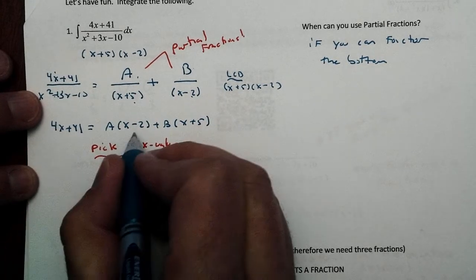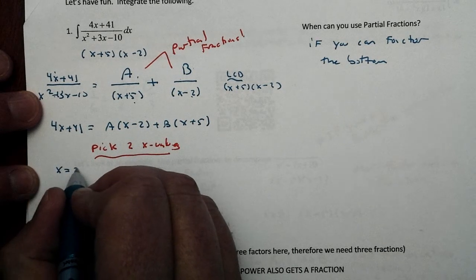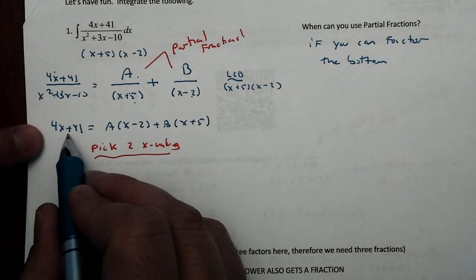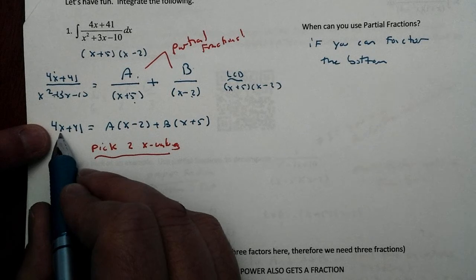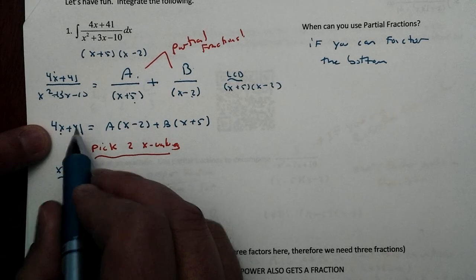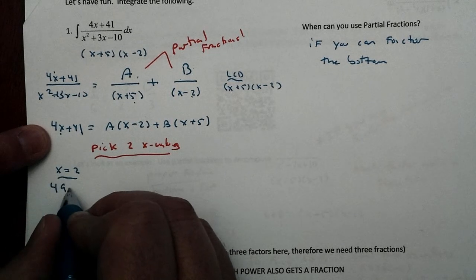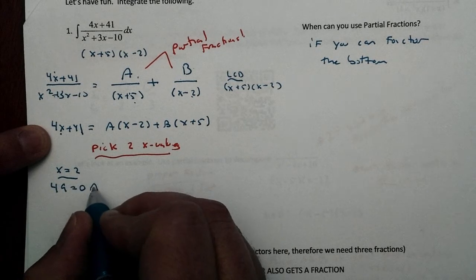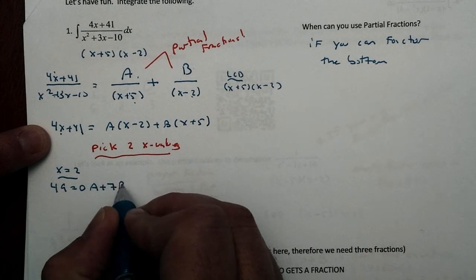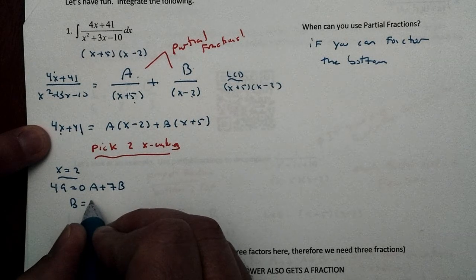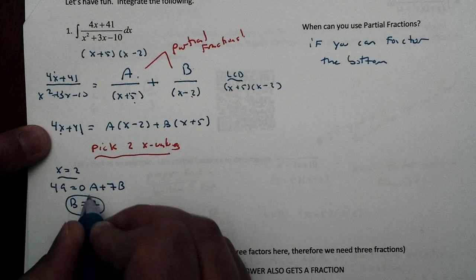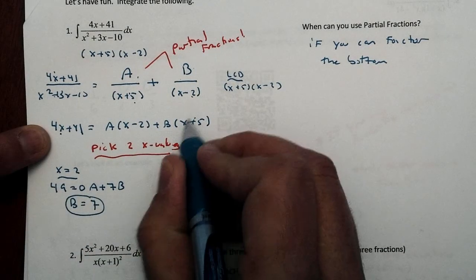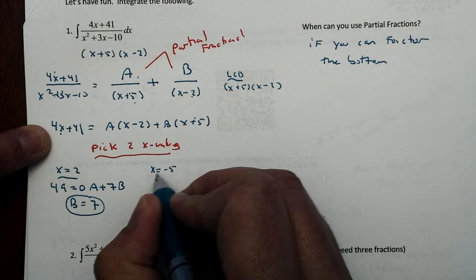So my first zero is x equals 2. If we let x be 2, be careful, this becomes 8 plus 41, which is 49, equal to 0A plus 7B. So B is 7. So we got B already. My next zero is x equals negative 5.